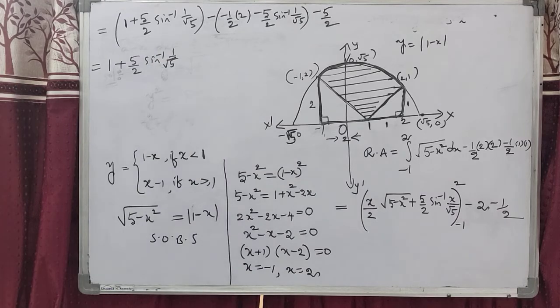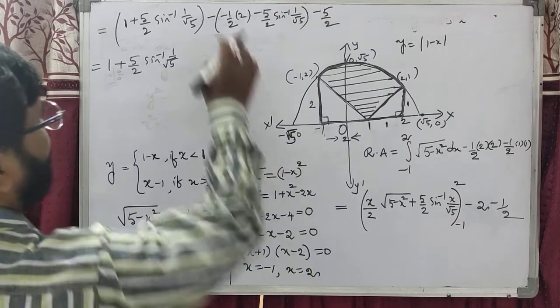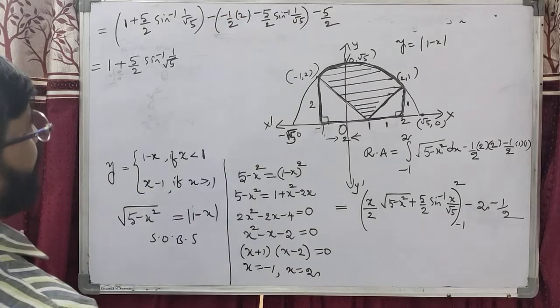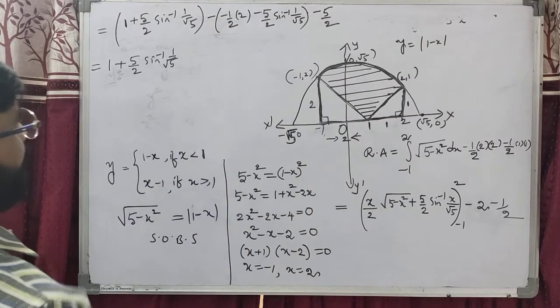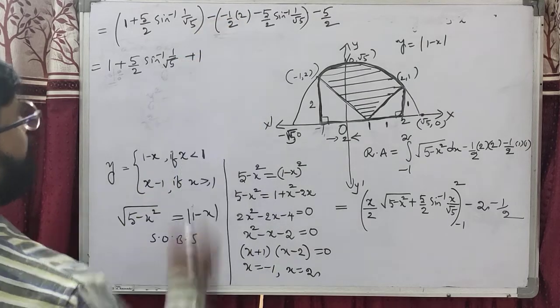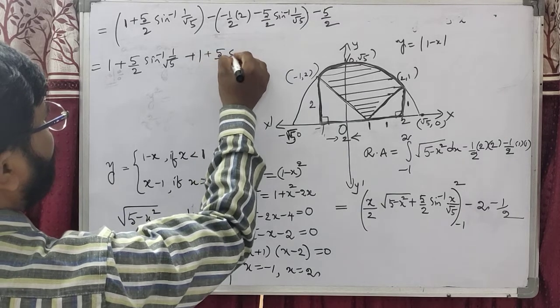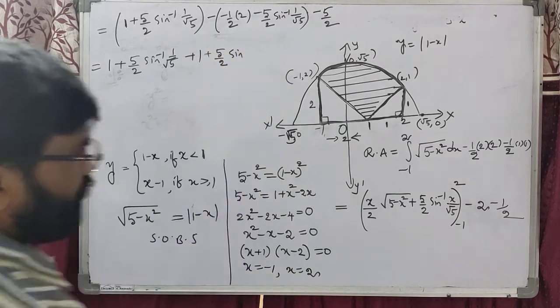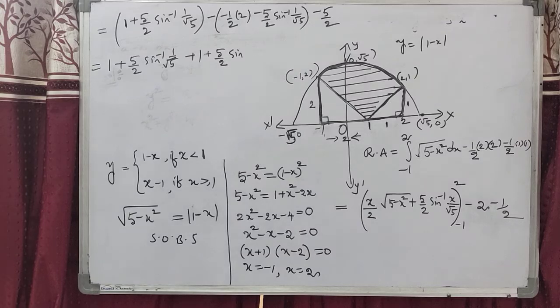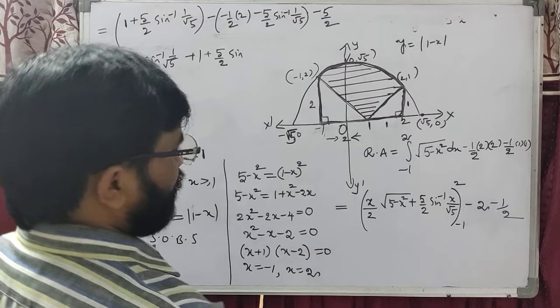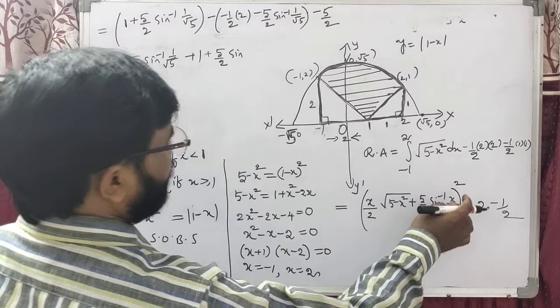How to write this one? Dear students, this is 2, 2 cancel. Okay students, now this is minus of minus plus 1. This is 5 by 2 sine inverse of, dear students, we made a small mistake when we were substituting the 2.